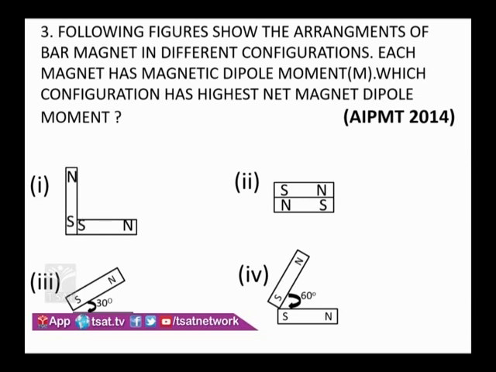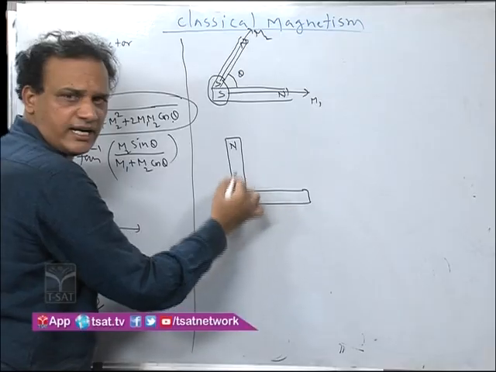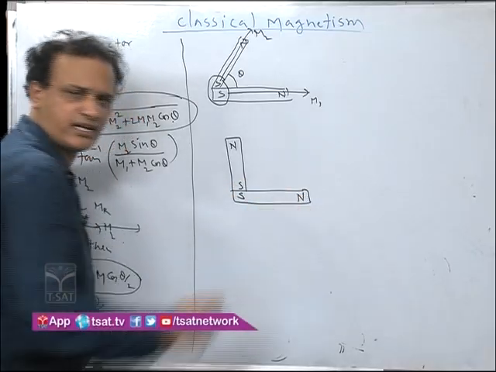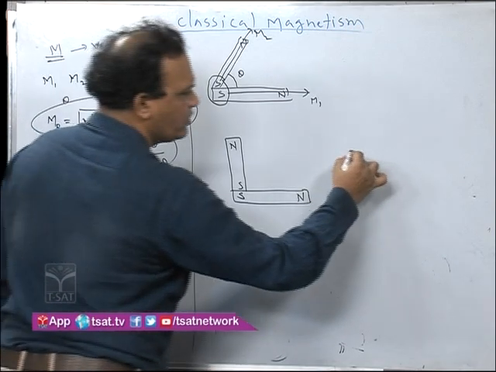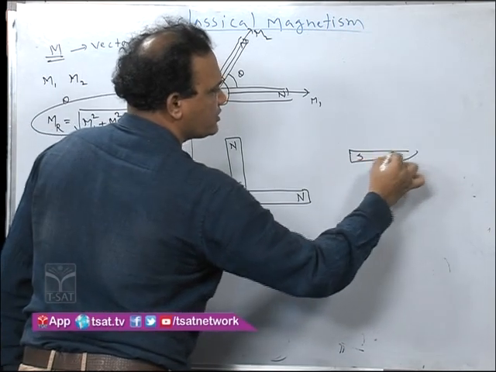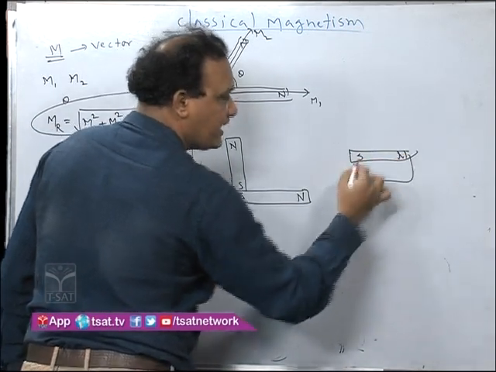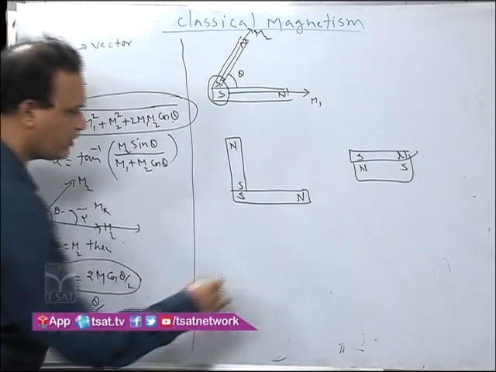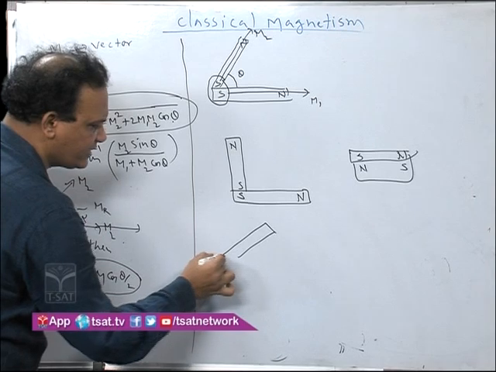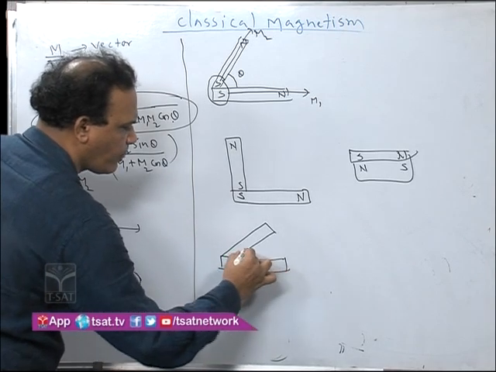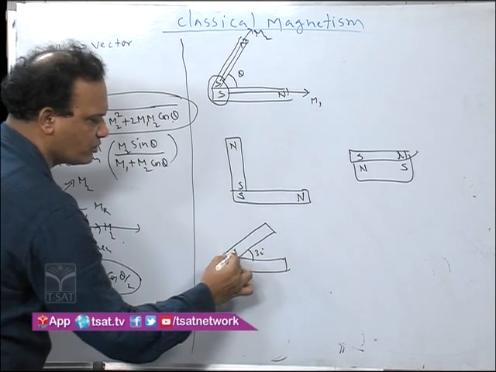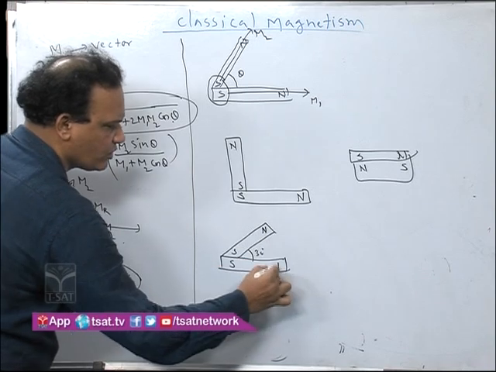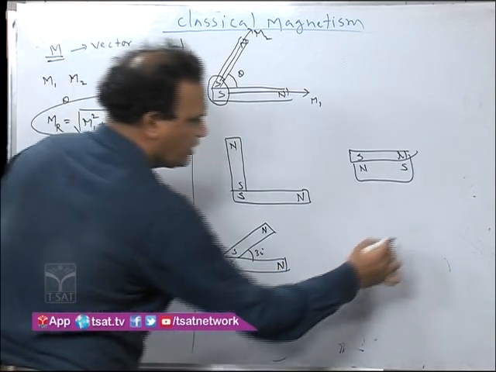In the first diagram, north and south, south and north, these two like poles are in contact. In the second, south to north, unlike poles are in contact. The third one has like poles in contact, but the angle is 30 degrees, and the fourth one is 60 degrees.